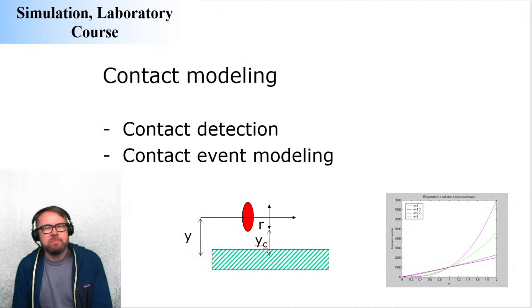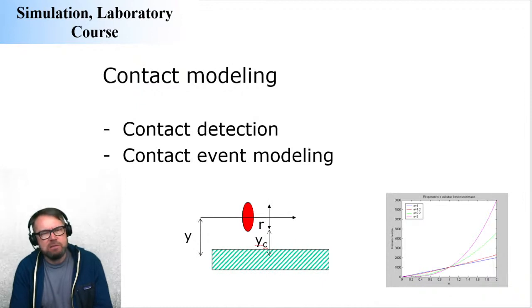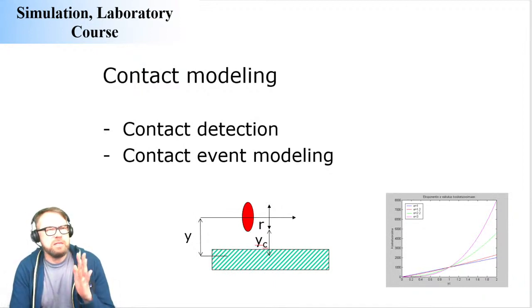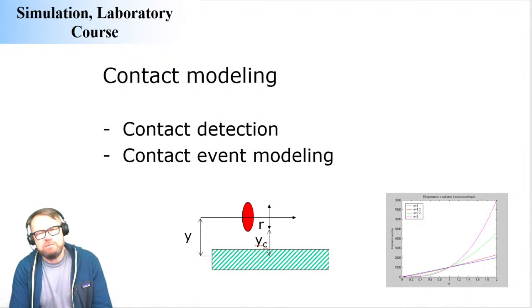First thing, contact modeling consists of two different steps: contact detection and contact event modeling. Contact detection means that we have to figure out where there is a possible contact. This is typically computationally very demanding, so there has to be some kind of clever algorithm for that.